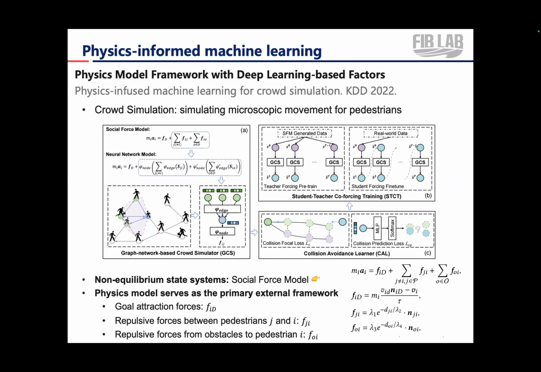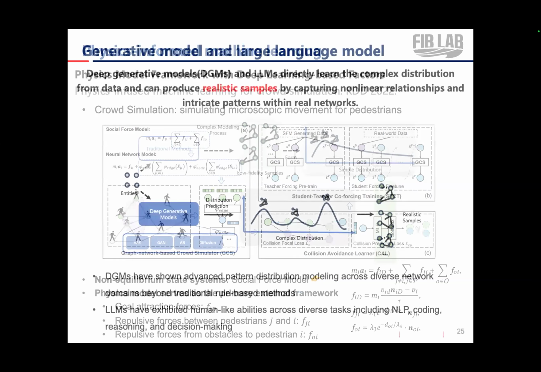One is the attraction force that attracts you to the destination, and the second is the repulsive force that moves you to avoid collision between people. So in this paper, the authors combined this kind of physical model with a neural network to more realistically simulate crowd movement in a dense scenario.